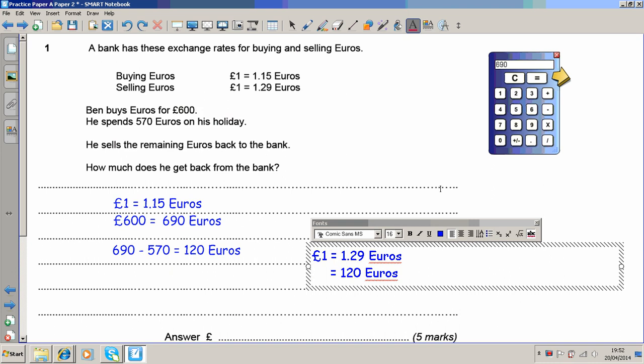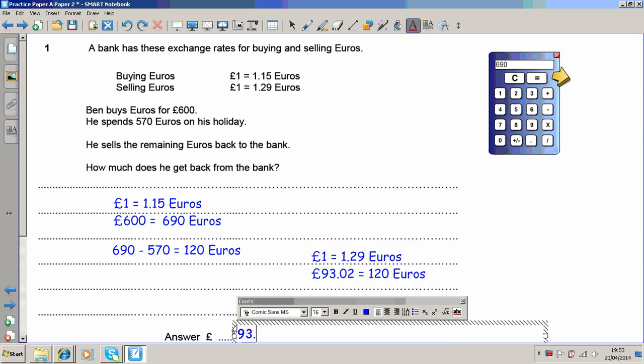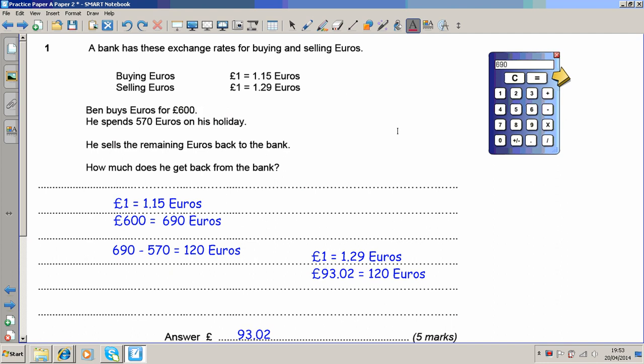So calculator out, 120 divided by 1.29 is £93 and 2 pence. There we go.